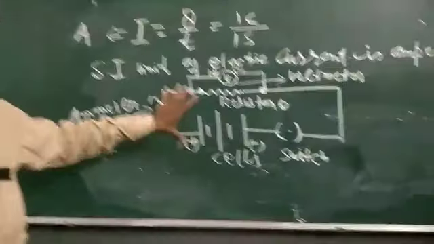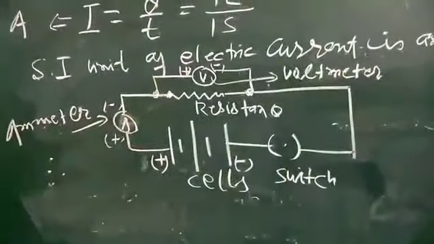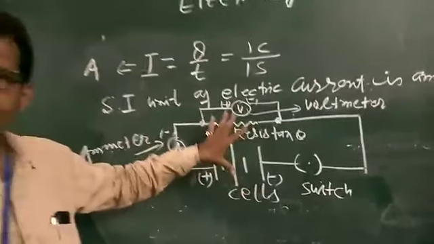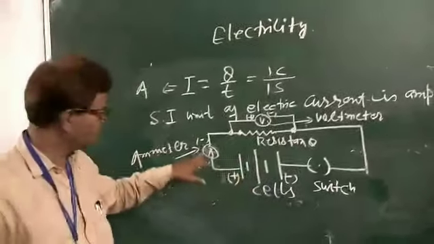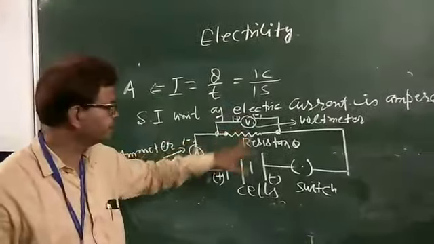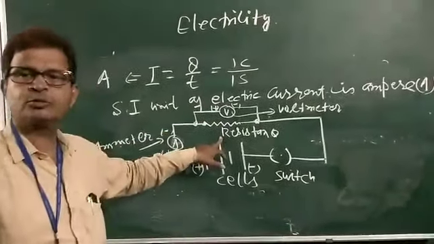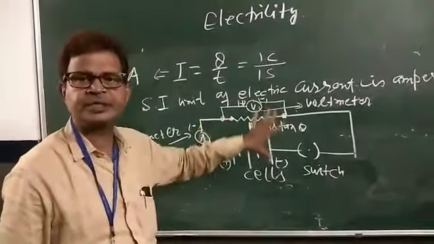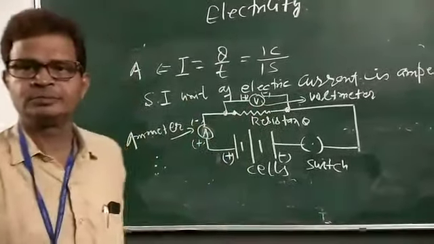This is the diagram of an electric circuit. In electric circuits, many components are connected like cells, ammeter, voltmeter, resistance, which is also known as resistors. Resistance may be said as resistors or conductor.